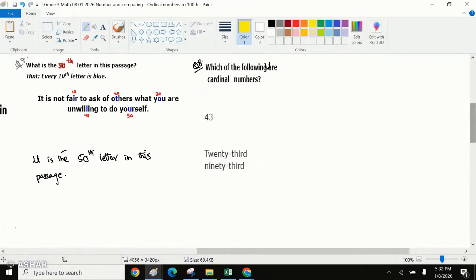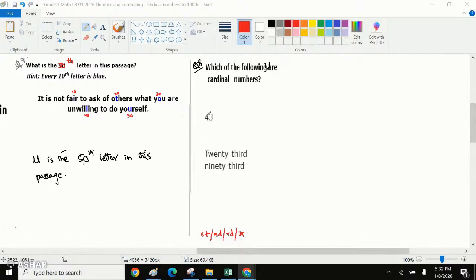So what should be a cardinal number in this case? In this particular case, the cardinal number should be a number that does not end with st or nd or rd, right? For first, second, and third, or th, right? If it does not end with this. We have three options over here, right?